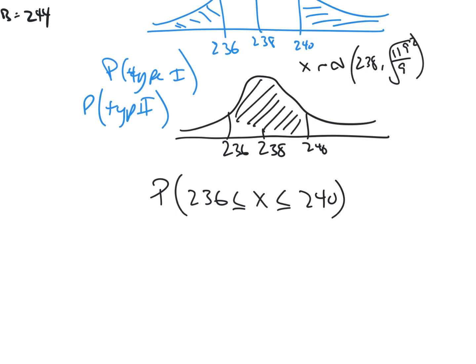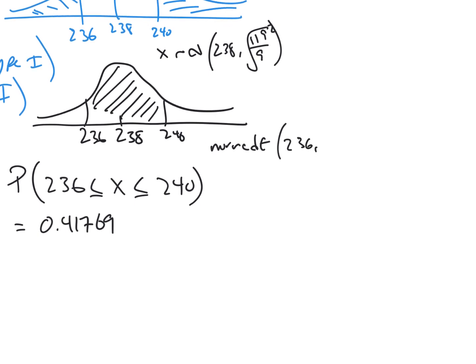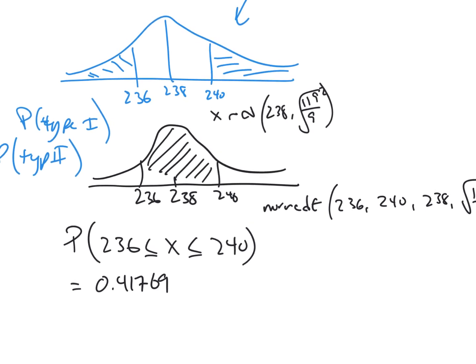And so when I actually do this probability, checking my answers here, I get 0.41769. And that's, I would do a normal CDF from 236 to 240. The mean is 238, and my standard deviation is, because it's not actually Ray's curve I'm looking at, but rather John's curve.